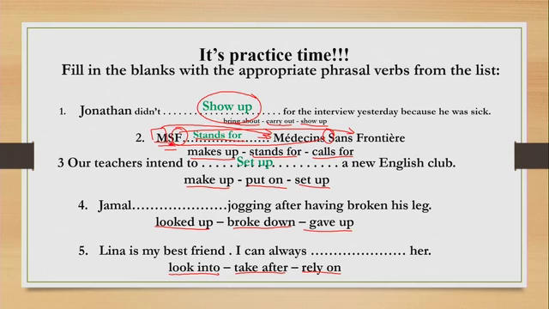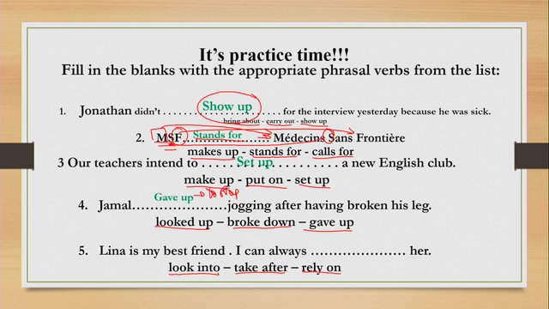That's correct. We have already seen this one during the explanation section. And number 4: Jamal gave up jogging after having broken his leg, which means "give up" here means to stop or not to do something anymore, right?